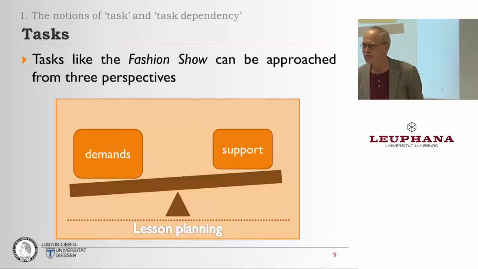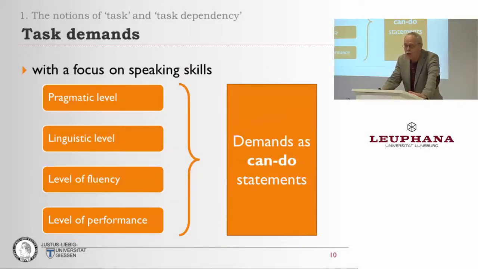With a main focus on speaking skills, we can distinguish at least 4 levels of competence, which each level has a number of sub-levels of demands. On a pragmatic level, demands comprise questions of whether the learners can open the show, attract the attention of the audience, introduce their model, describe the model, and close the performance.